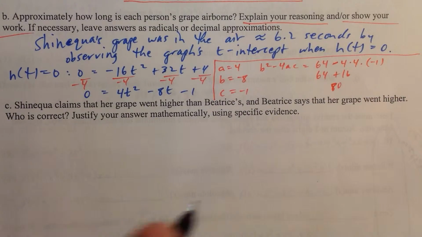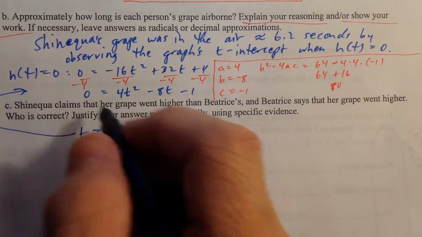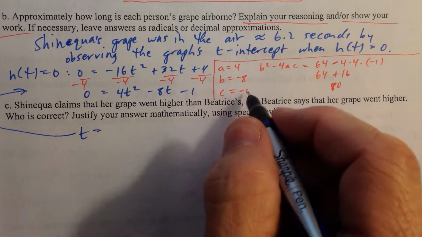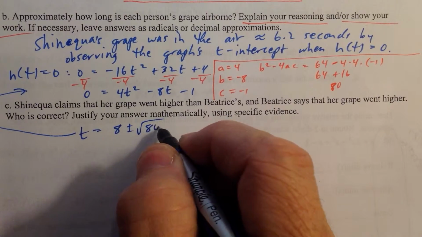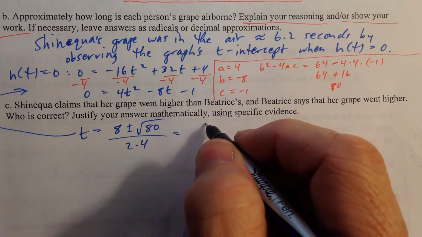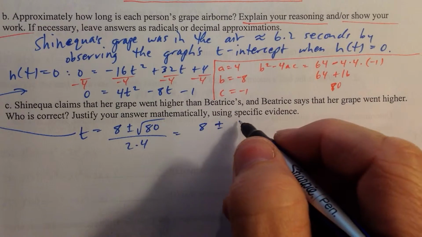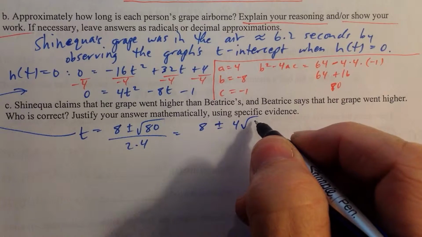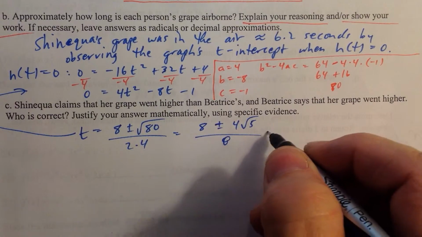Let's do the rest of the work down here. So t equals the opposite of b, 8, plus or minus the square root of 80 over 2a. Now, 80 can be rewritten as 16 times 5, and so the square root of 80 is 4 radical 5, and 2 times 4 is 8.